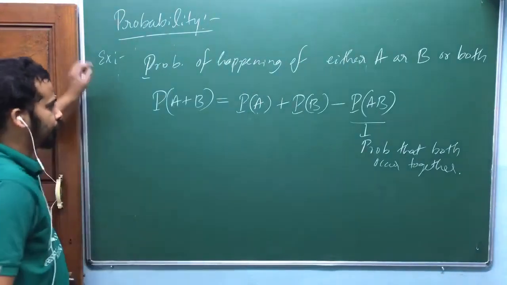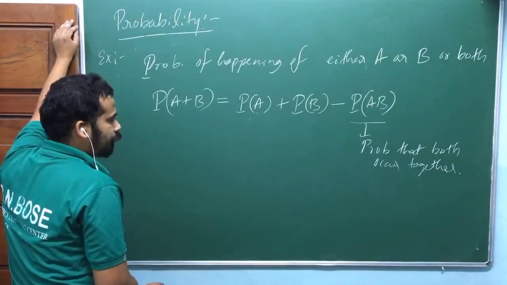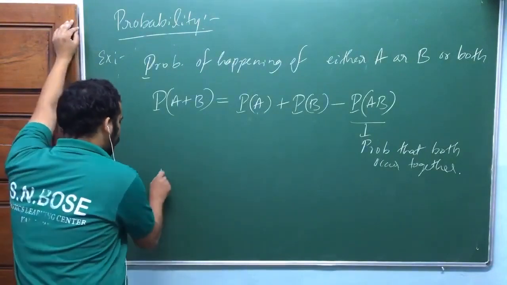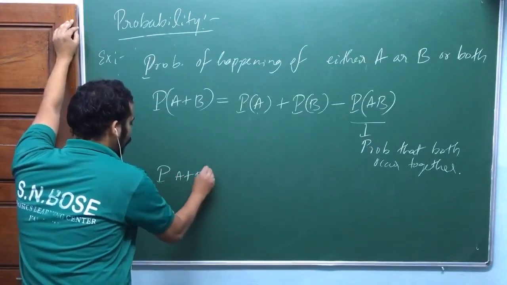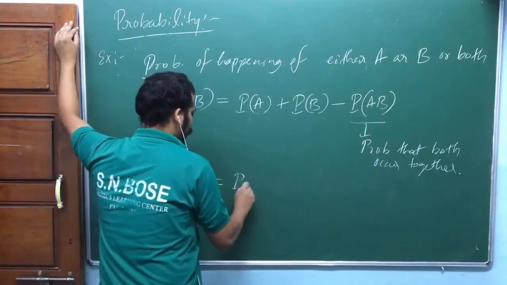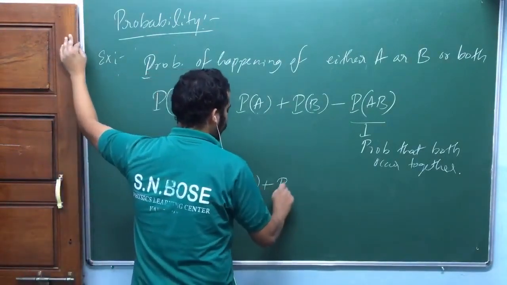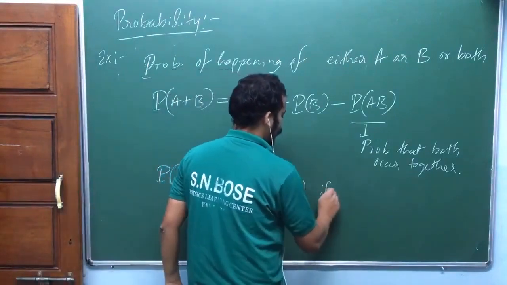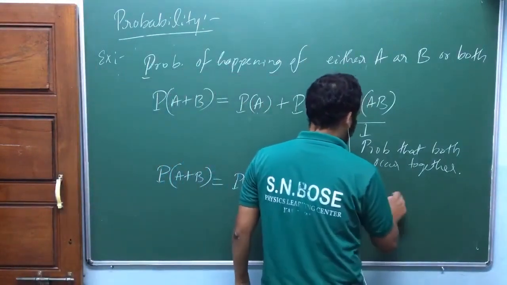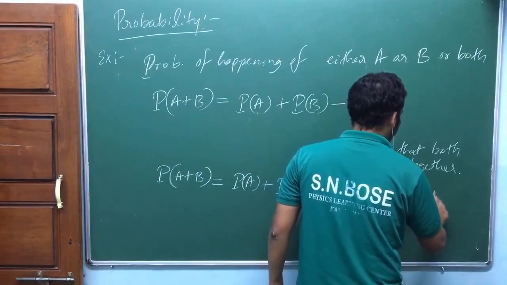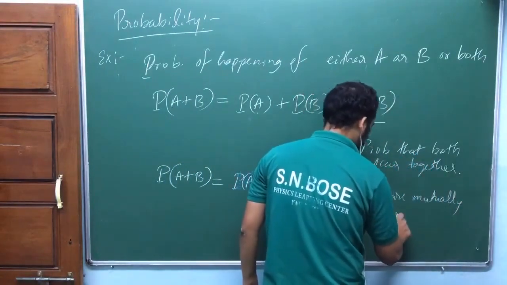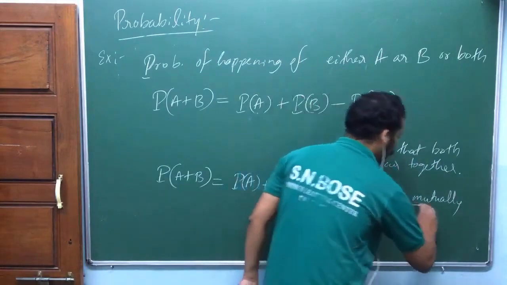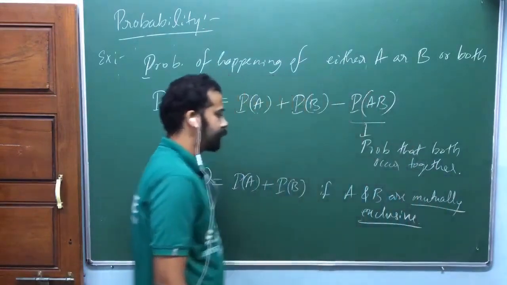Sir, can you show that by an example? Wait. We'll solve an example. Otherwise, none of this can be remembered. Okay. P of A plus B equals probability of A plus probability of B if A and B are mutually exclusive. What do you mean by mutually exclusive? One more word came here, am I right? I didn't use this one.